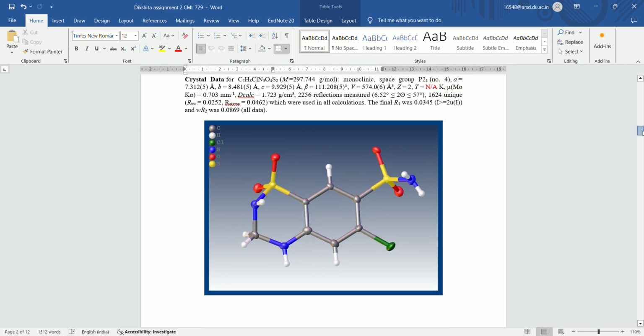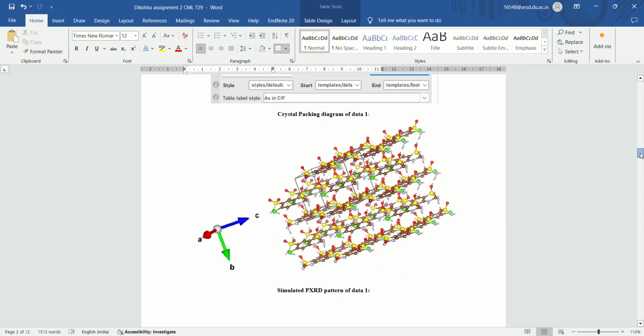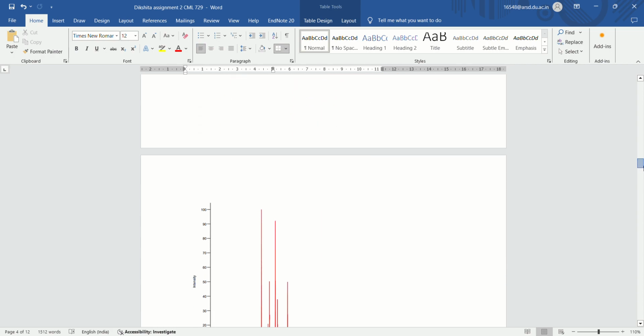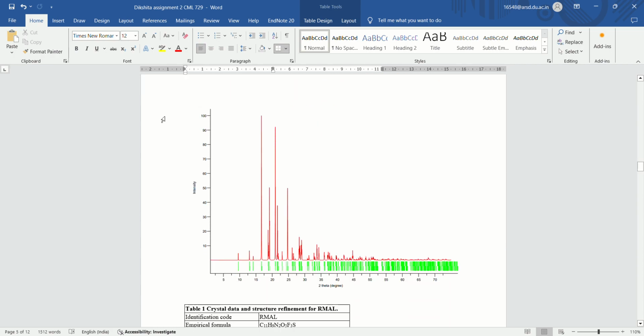Then on generating the zip file, we open this zip file in Vesta software and generate this crystal packing diagram with the respective axes. Then in Vesta only, on clicking on the Utilities option at the top left corner, we get the simulated powder XRD pattern for the given zip file.